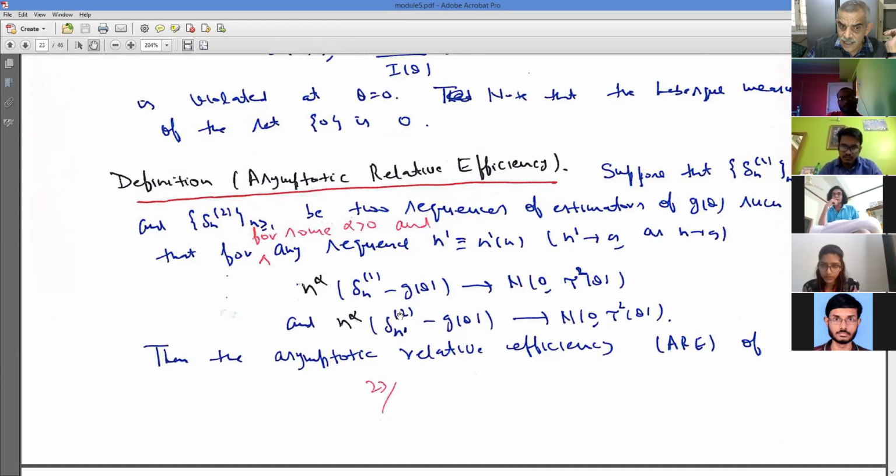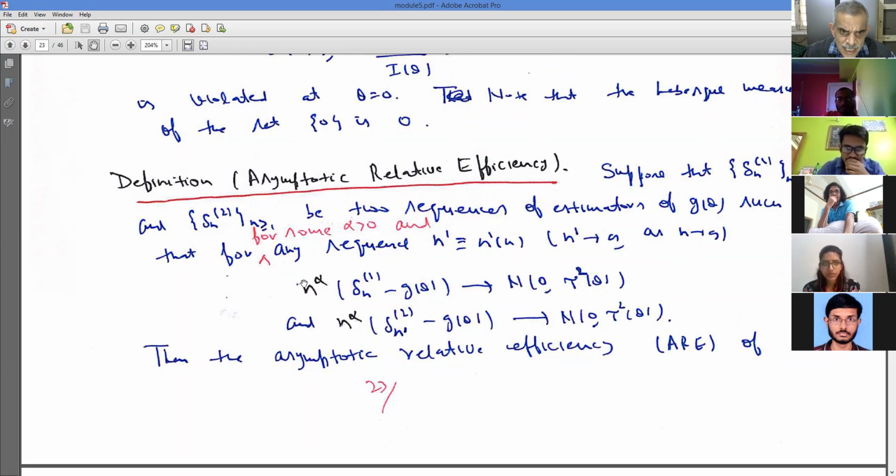I am considering delta only, my estimator is the same. Then here, when I make it log n, for the same delta you might get mn in one case and only n in the other. So that means the relative efficiency of the same estimator relative to itself is mn.